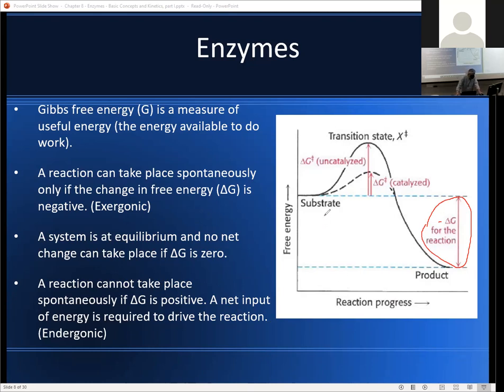So if we have G on the y-axis and the progress of the reaction on the x-axis, and we have reactants with lower free energy than the products, this is the opposite situation. We would have a positive delta G here.